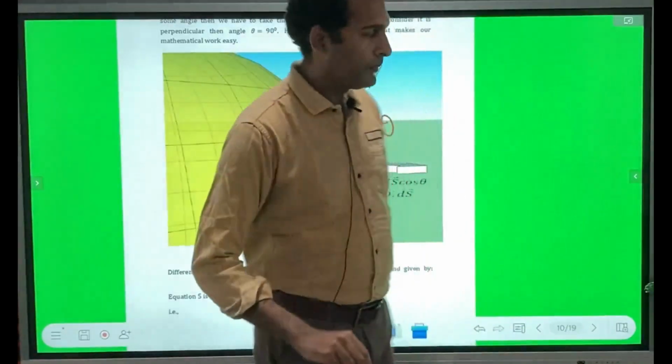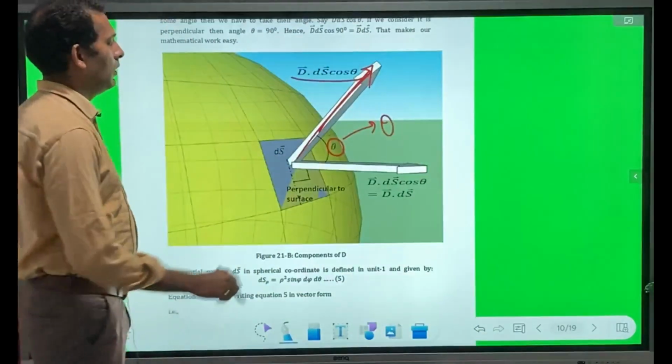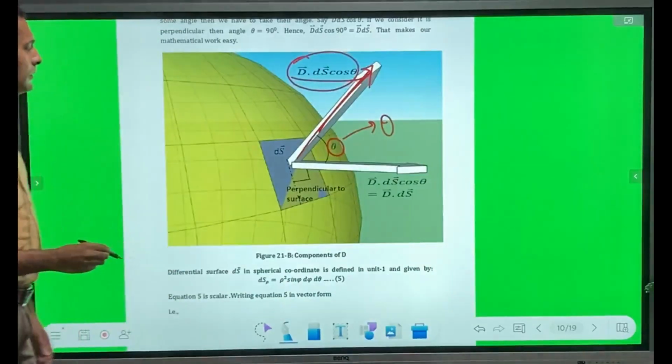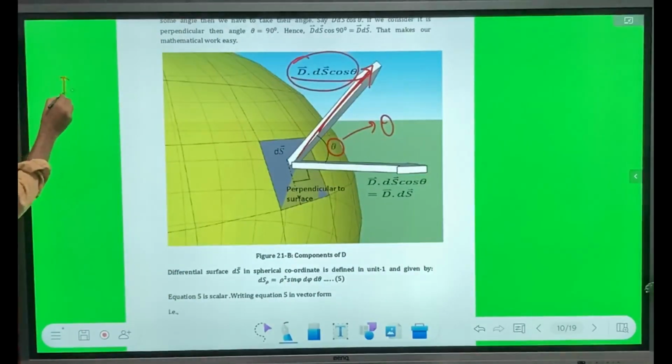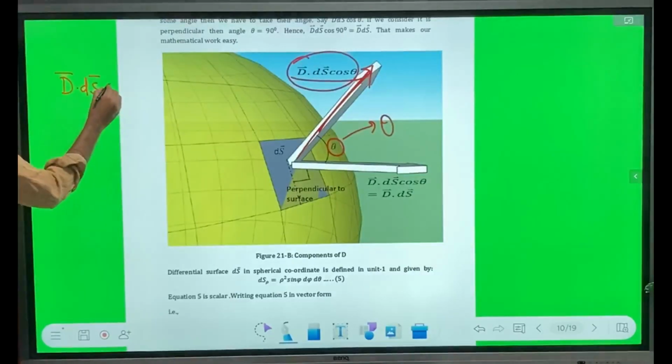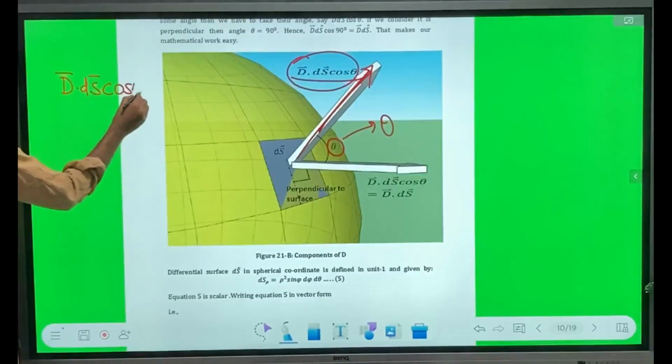So for this, what will be the component? It will be D bar dot dS bar, and the horizontal tilt component, say cos theta.